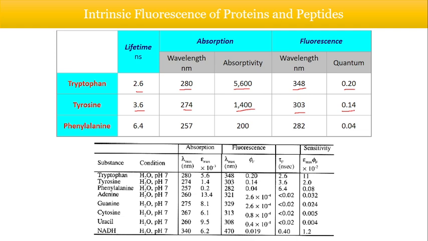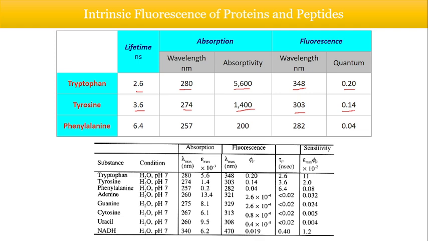Now, if a protein has no tryptophan or tyrosine or phenylalanine, then the absorption spectra of the protein cannot be determined, because these are the chromophoric moieties which are important to be present in the protein to get the absorption peak.